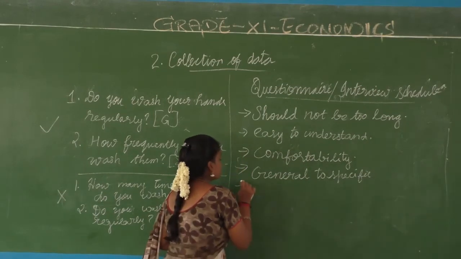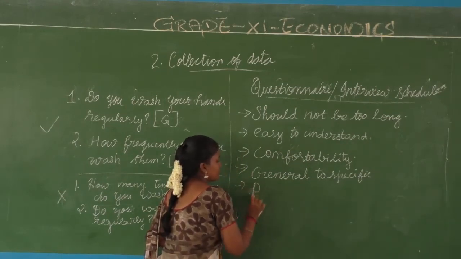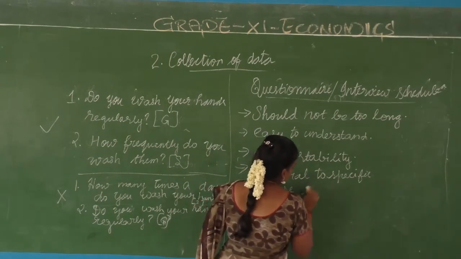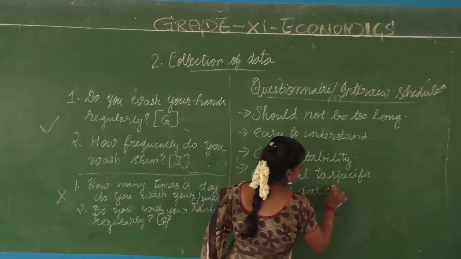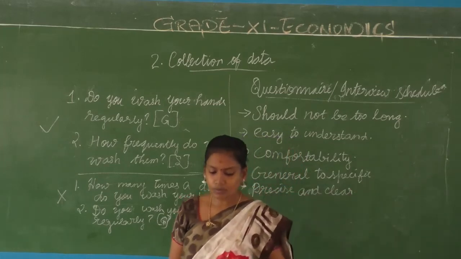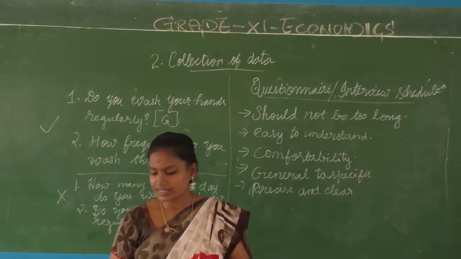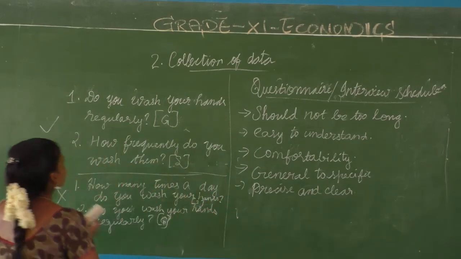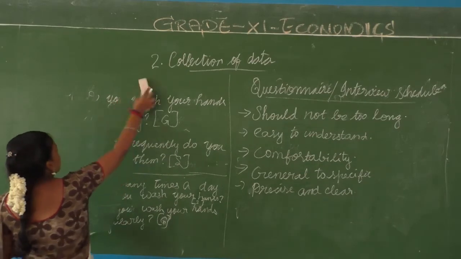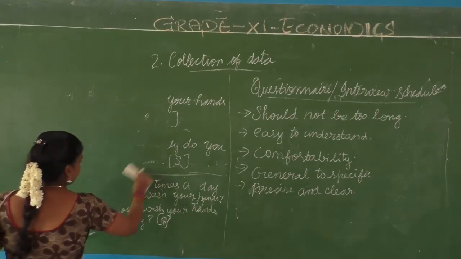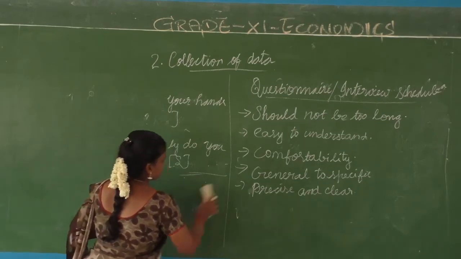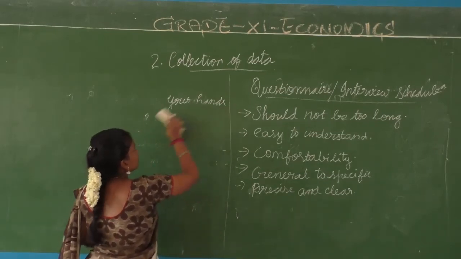Next one, your questionnaire should be precise, to the point, and clear. In what terms? It is like what percentage of income, and what example is given in your book. Let us take marketing.